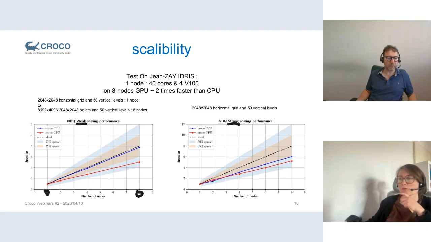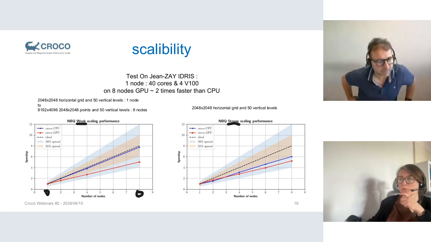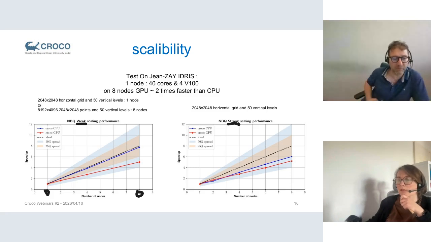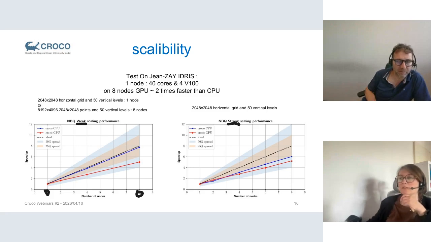Maybe AMD, you have to check if GNU and OpenACC work well. All the tests we made were with NVIDIA and the NVIDIA ecosystem. And you must have a graphics card. So if you don't have one, you can't use it.